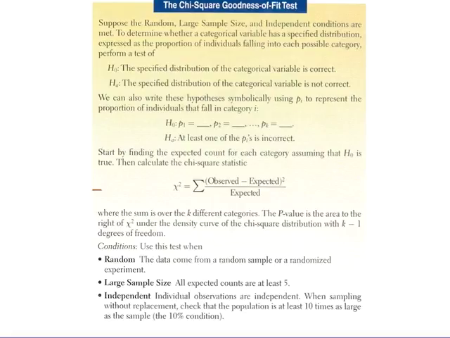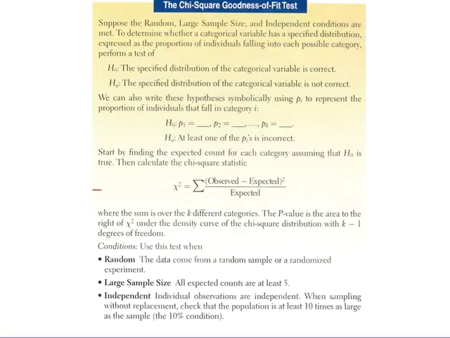So more about the chi-square goodness of fit test. Suppose the random, large sample size, and independent conditions are met to determine whether a categorical variable has a specified distribution expressed as the proportion of individuals falling into each possible category. Perform a test of the null hypothesis where the specified distribution of the categorical variable is correct, and the alternative hypothesis, the specified distribution of the categorical variable is not correct.